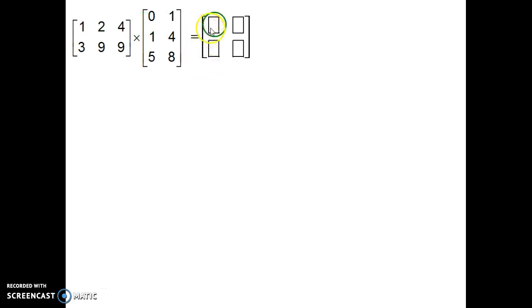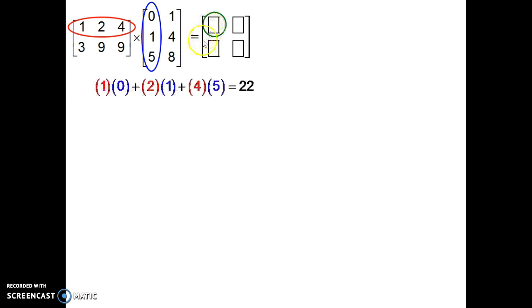At first we fill this position. We multiply the A matrix row and the B matrix column, then fill the first position. Look at this: we multiply 1 into 0, 2 into 1 and 4 into 5. The result is 22. We put 22 here. Here we find the number of multiplications for this field is 3.